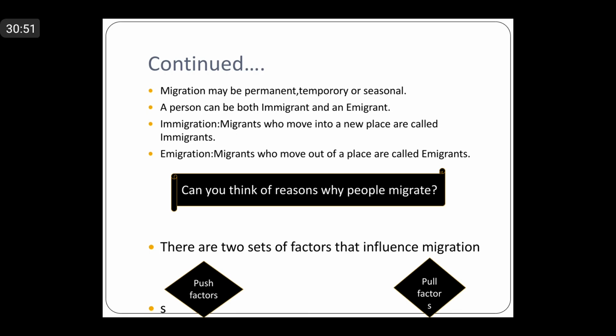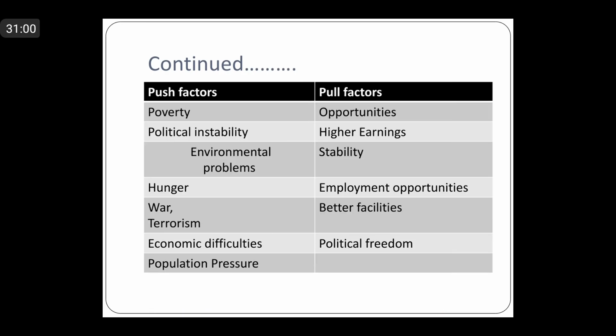We can discuss why people migrate. There are two sets of factors that influence migration: push and pull factors. Push factors are those that encourage a population to leave its home, and pull factors are those that draw a population to another area or place.